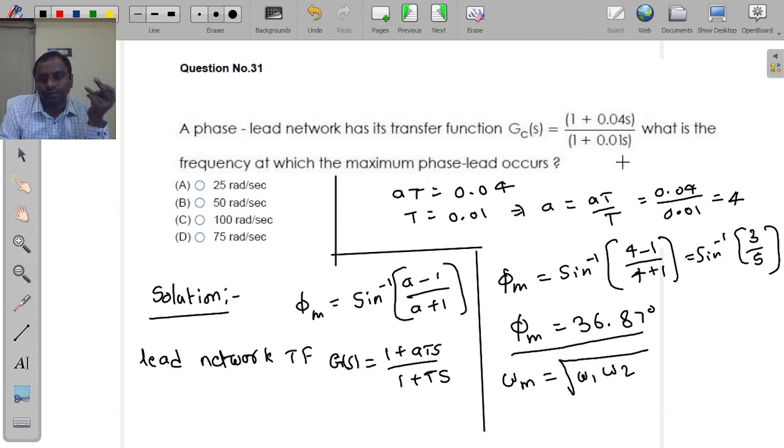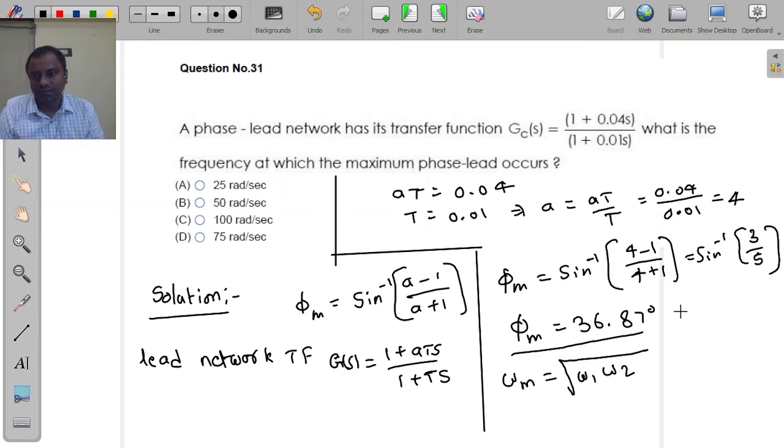So we need to calculate the frequency omega m at which the maximum occurs. So what are the two corner frequencies?